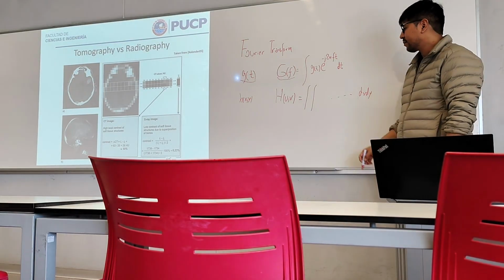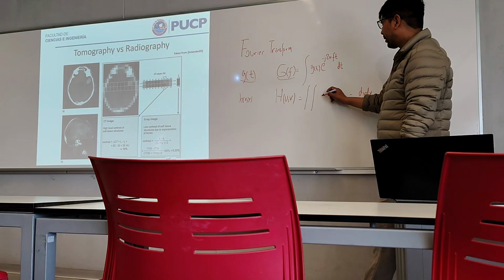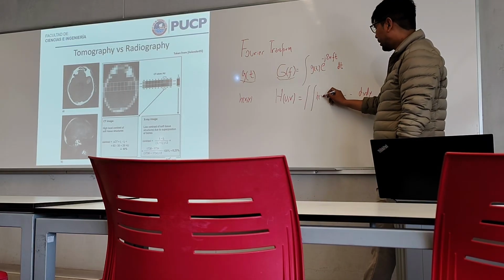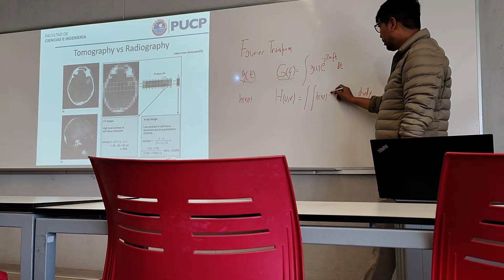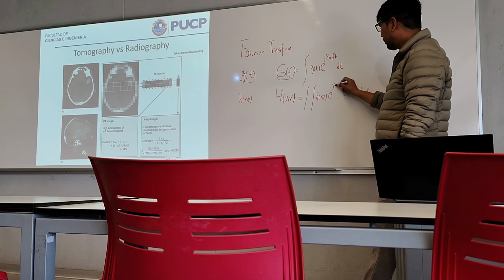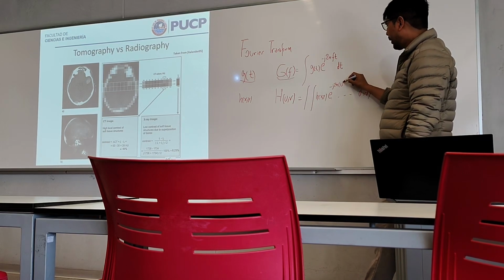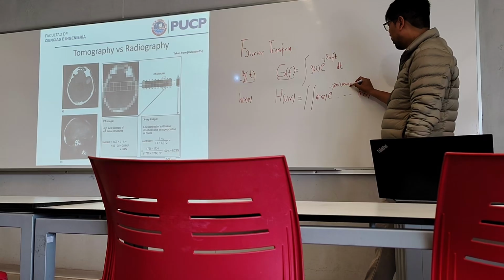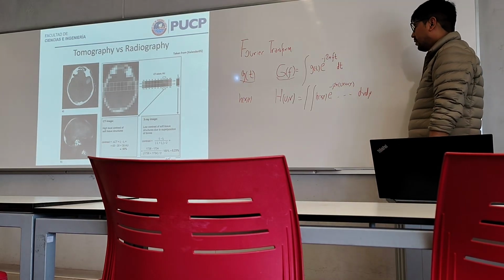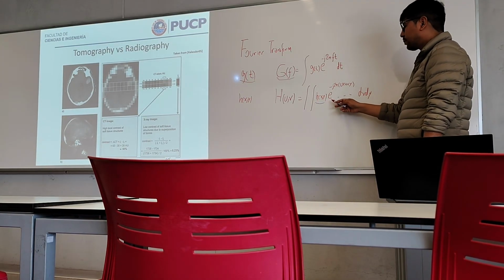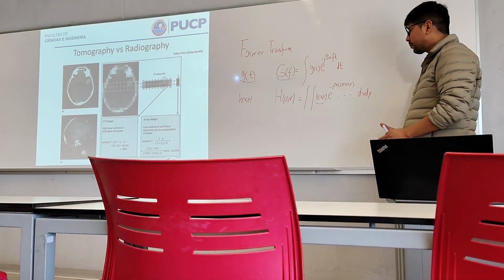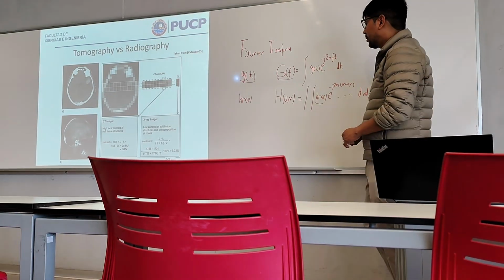Integral and basic, I think it's alright. It's not too difficult. It was the function multiplied by the complex exponential, and instead of ft, it will be now ux plus vy. That's basically the definition of the Fourier transform in two dimensions.